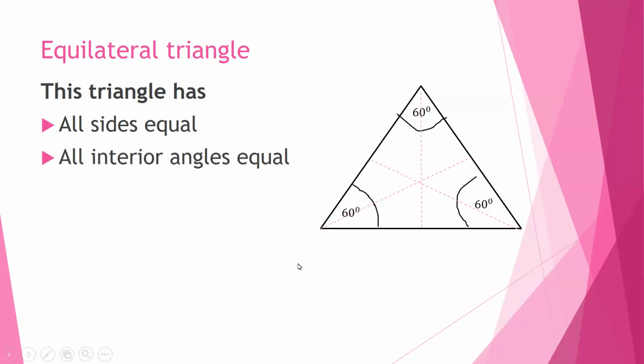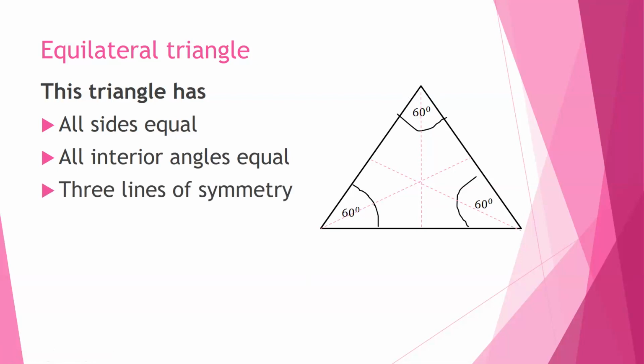And because of that, all the interior angles too are equal. So we have 60, 60, 60. If you have an equilateral triangle and you are given only one angle, you should know that that one angle will apply to all. They are all the same, right?